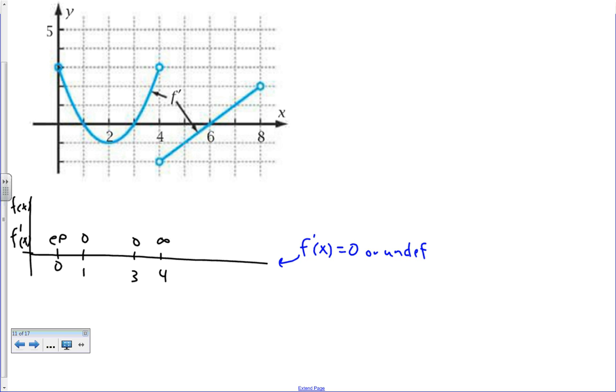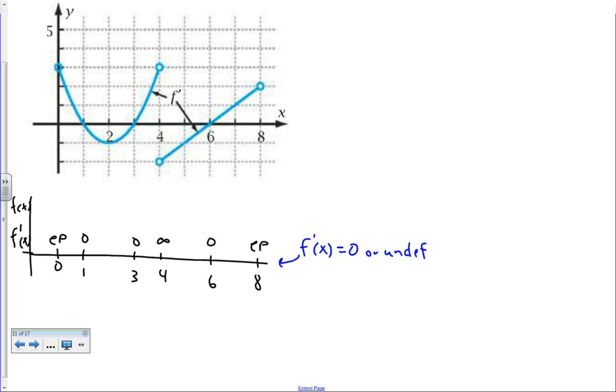If you wanted to say that it's undefined, you can do that. Just for ease of writing it, I'm going to say infinity, though. And then at 6, I can see that we hit 0 again. And then finally at 8, we have an endpoint. So a lot of those points get marked. But notice that we're not marking all the points from 0 through 8, just the critical points of function f.